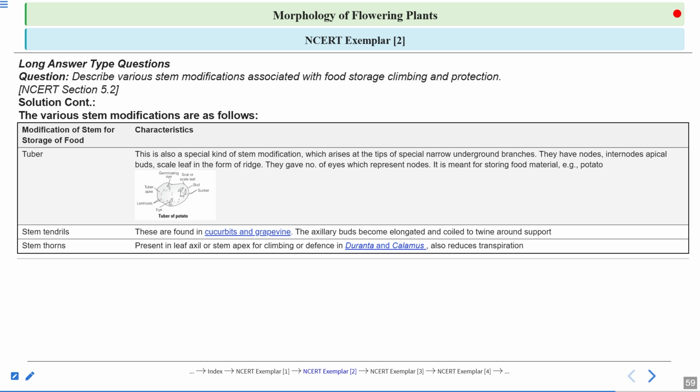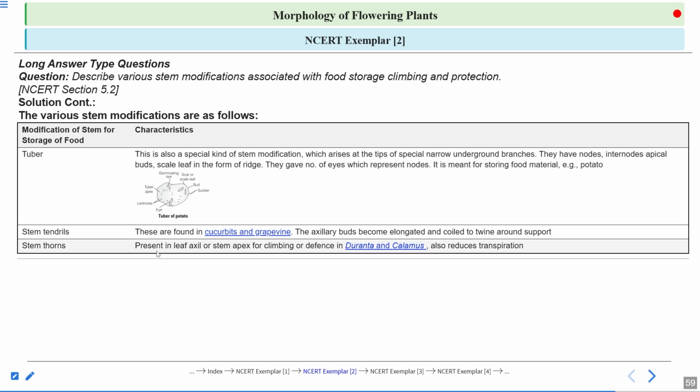That eye on the potato tuber is nothing but the nodal region. And the region between the two eyes is called the internode, right? So that is why we consider this tuber an underground stem. The best example is potato, right? Here also, they store a lot of food material in it. That's why we consume this potato in our food.